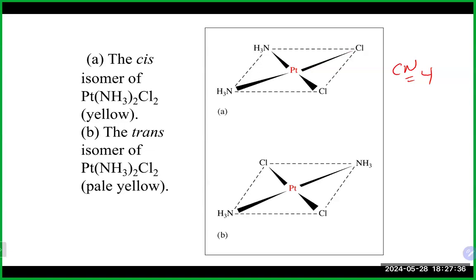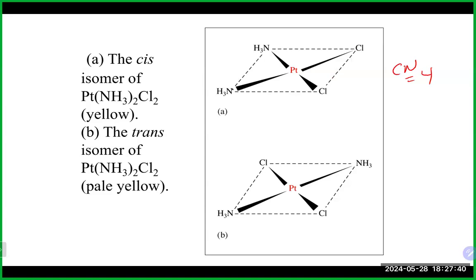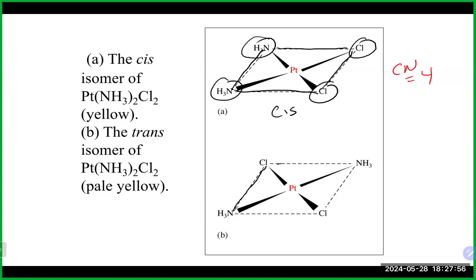But when we look at the NH3, if we think of this as the plane of the molecule here, we can see that the NH3s are on the same side. And even the Cls are also on the same side. And this would be cis. That is different when we look at this one here, also coordination number 4, also square planar.